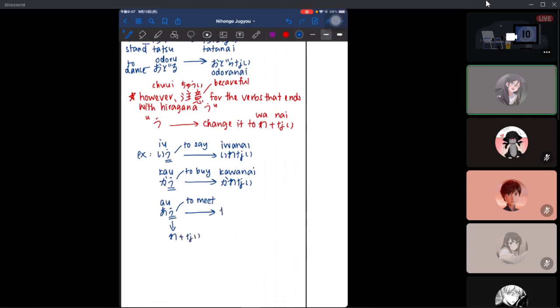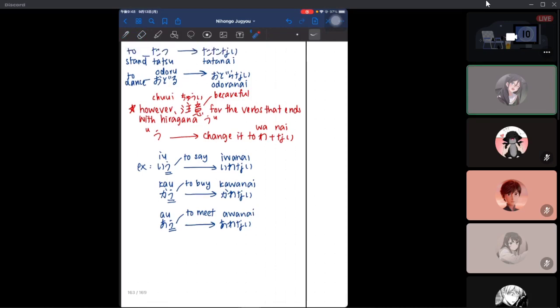So this one will become awanai. You take the last hiragana u, you change it to wa. So this is the first thing that you have to be careful with, the one that ends with hiragana u.